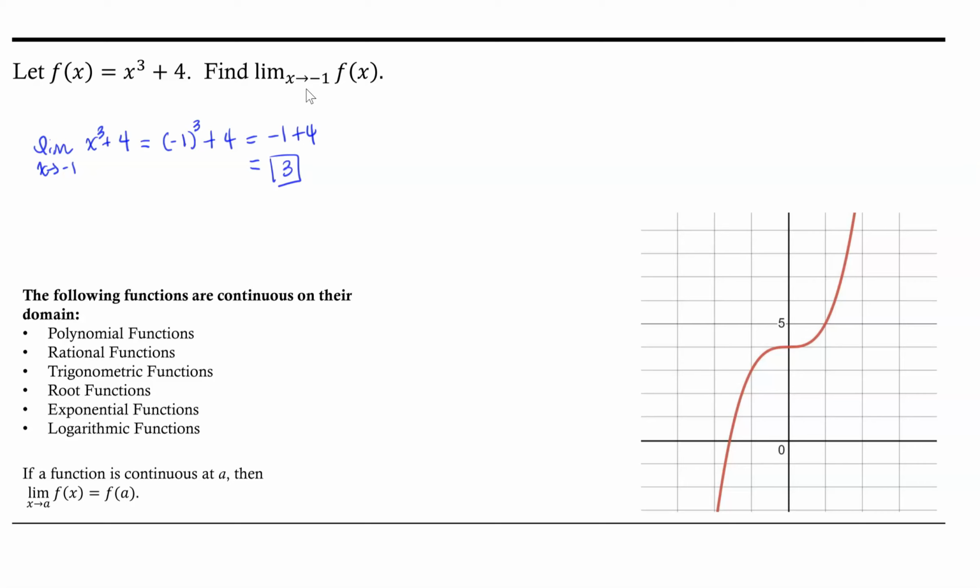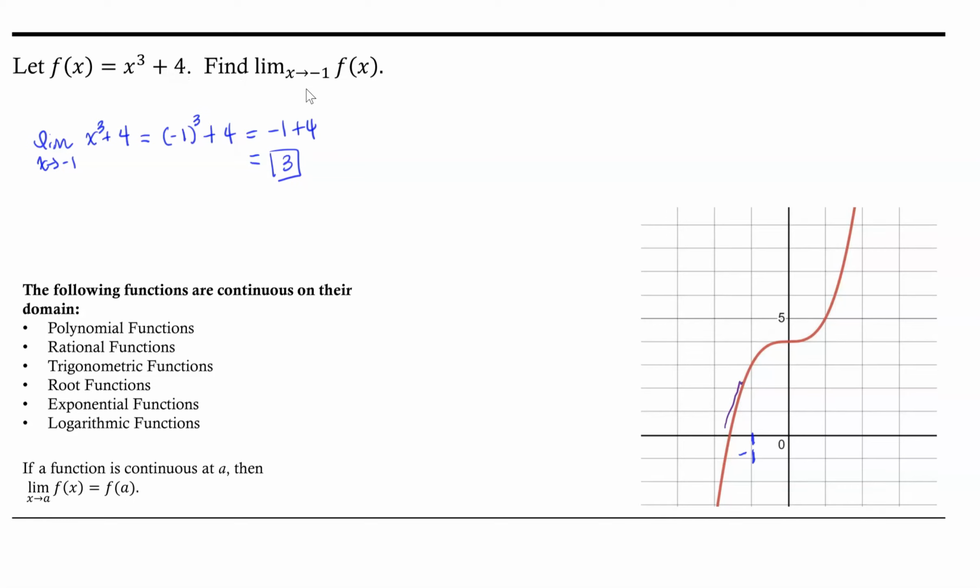Now, we have the graph of this function down here on the lower right, and here is -1. And we can see based on the graph that as x gets closer and closer to -1, let's say perhaps on the left here, the y values are getting closer and closer to 3.